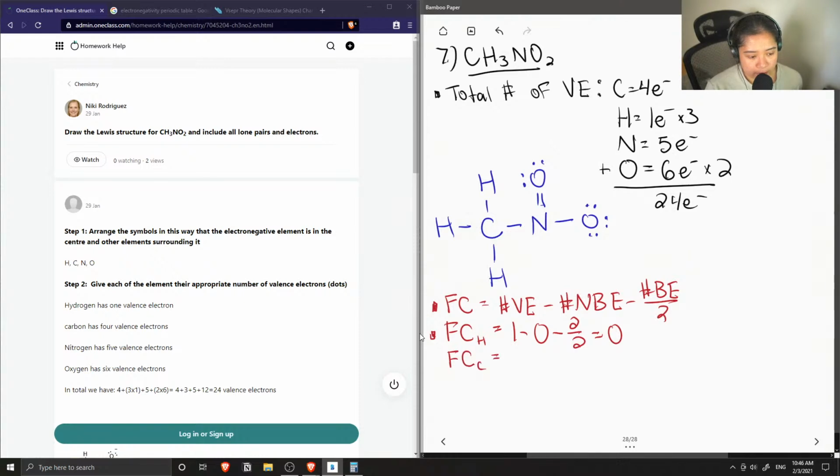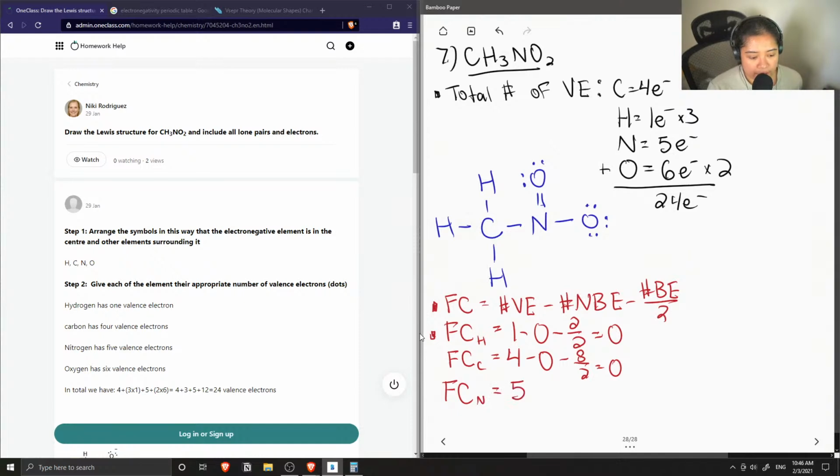For the carbon, it has 4 valence electrons, 0 non-bonding electrons, and there are 4 bonds to the carbon, so we have 8 bonding electrons divided by 2. So we also have a formal charge of 0. Now let's calculate the formal charge of nitrogen.